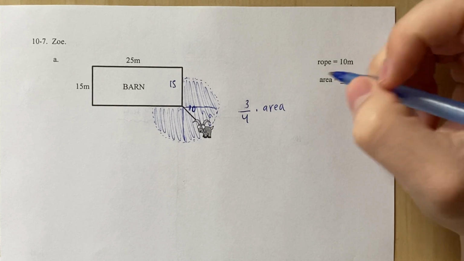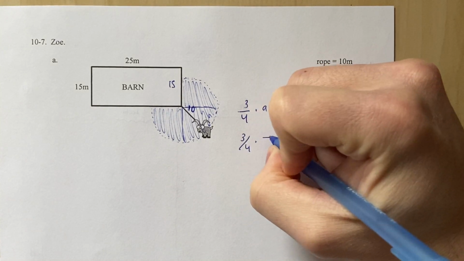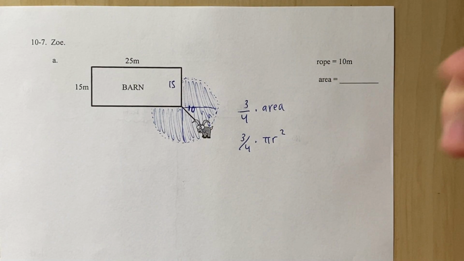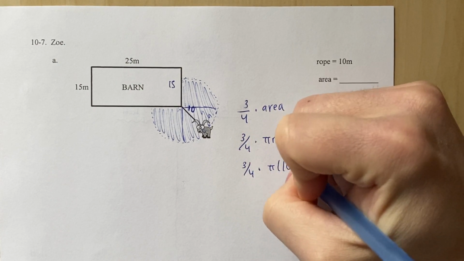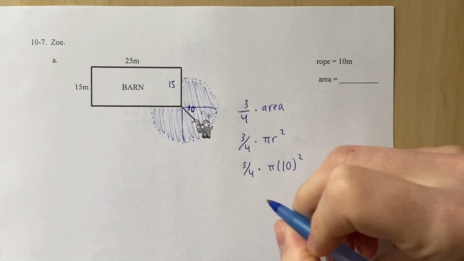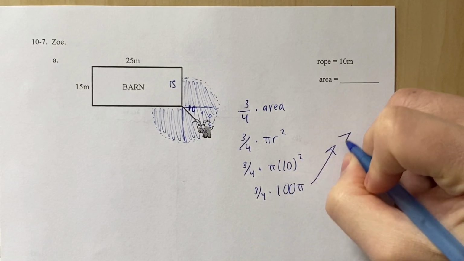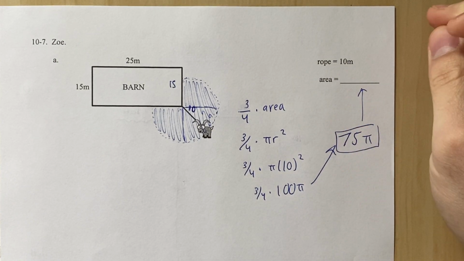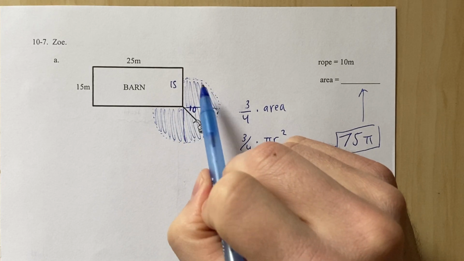So area is pi r squared. The radius is 10, so this is 3/4 of pi of 10 squared. And 3/4 of 100 pi would be 75 pi. Done. So that goat, again, with the rope, that's the most he could eat.